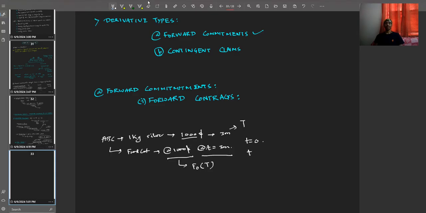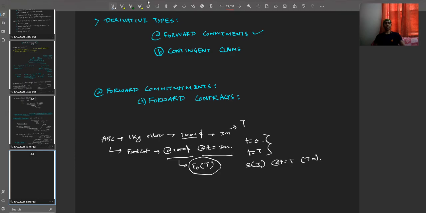Maturity is generalized as T equal to capital T. Therefore, the forward price, that is the price at which the contract will be fulfilled at the end of the maturity of the contract period, is denoted by F0T. Now at that time, let's say the market price of the silver is ST, that is at T equal to capital T, which in this case is 3 months, right?